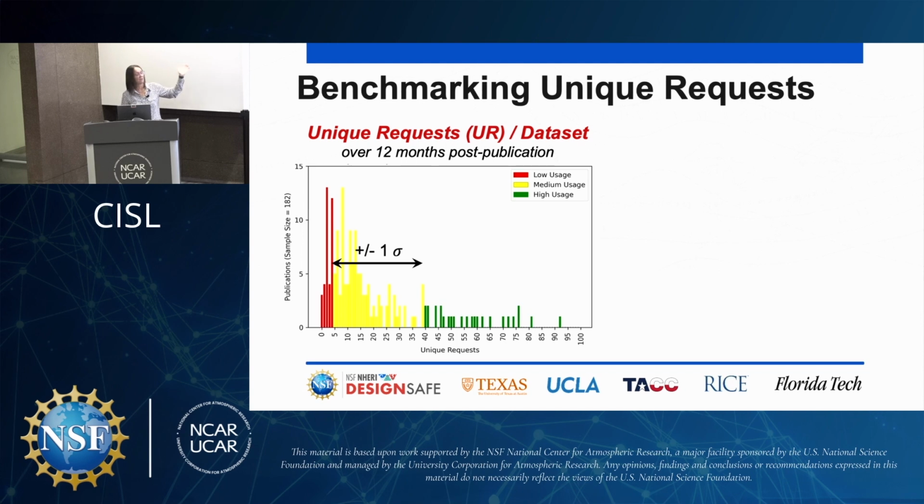And this is just a histogram of the unique requests. So you can see, some are less than 5. We benchmark that as low. The middle part, maybe from 5 to 40. And then above 40 would be high, at least relative to our community. And in fact, this tail goes out quite a bit. We have 9 outliers with over 100 unique requests, one of which is the ArcStorm data set.